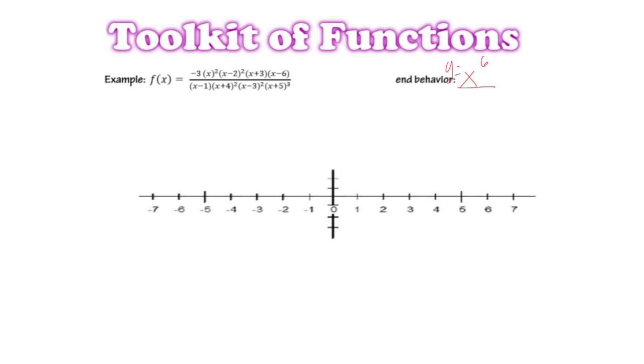We got 1 here, 2 more, that's 3, 4, 5, 6, 7, and x to the 7th on the bottom. Okay, what's different about this example is that you have more x's on the bottom. So when you start reducing, you're going to end up at a 1 over x. Now that graph is in our toolkit, and that is called a rational graph or a reciprocal graph, and it looks like this.